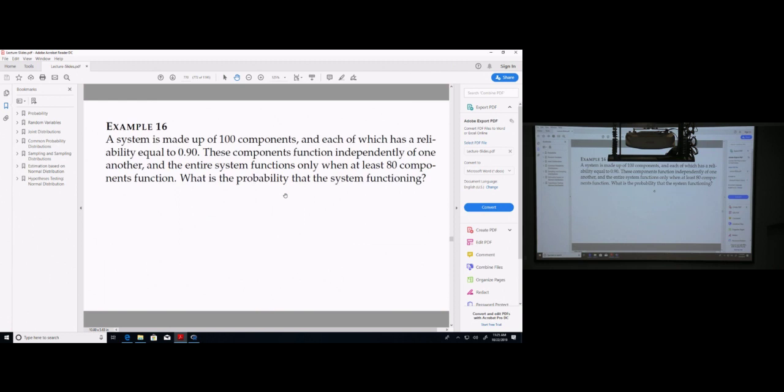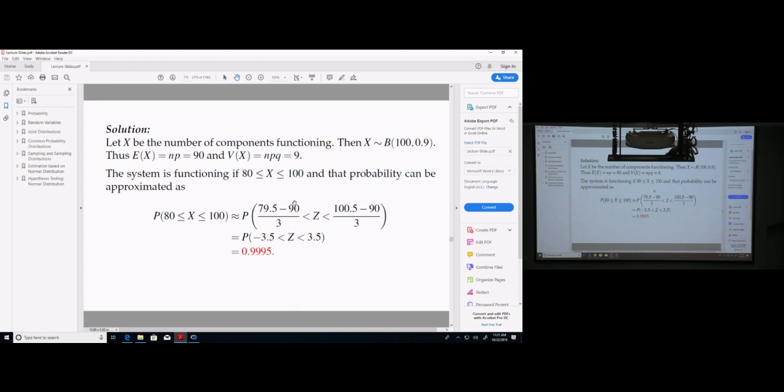Now, our system is made up of 100 components, each of which has a reliability equal to 0.9. These components function independently of one another, and the entire system functions only when at least 80 components function. What is the probability that the system is functioning? Here the solution is trying to use normal approximations, and so you can check that we are safe.